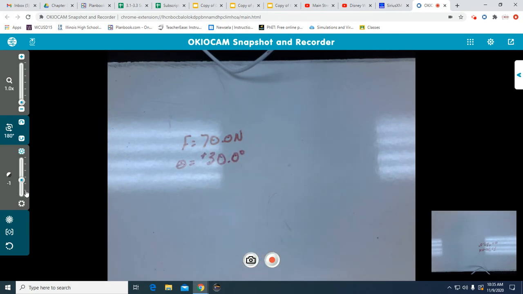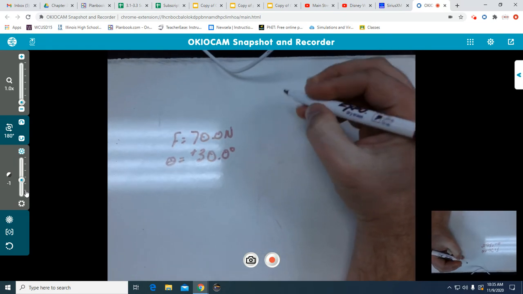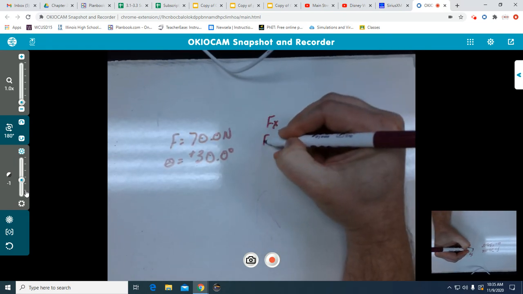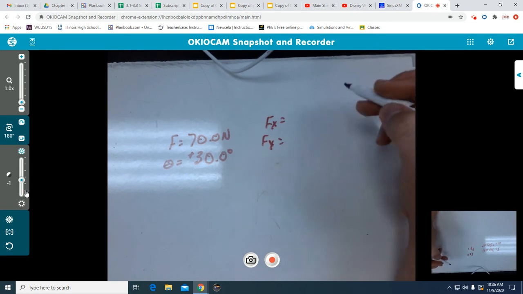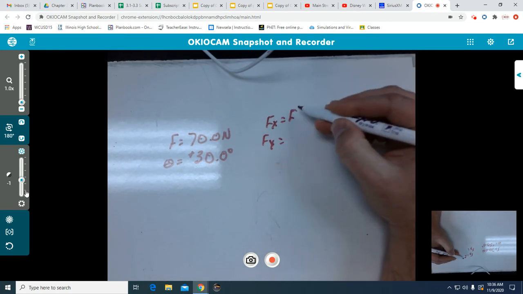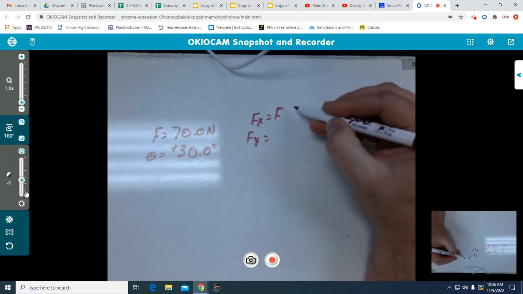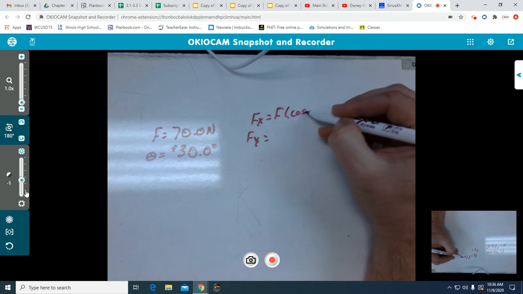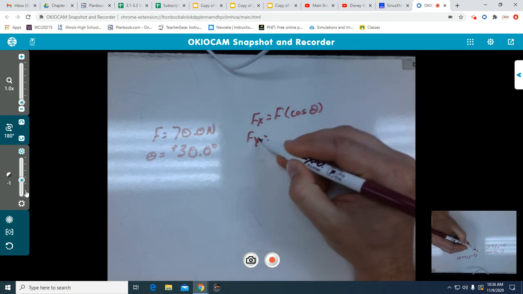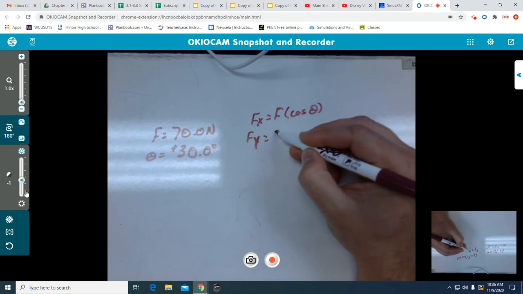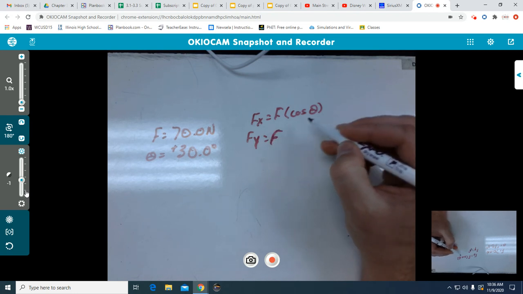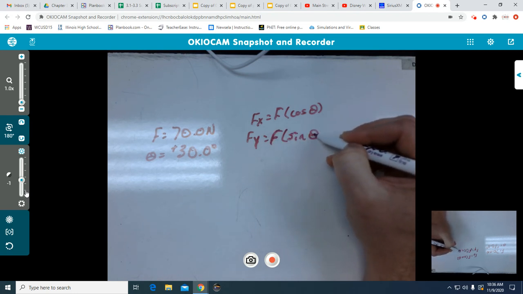So if we need to figure out our vectors, for F of x we take the force, 70 newtons, multiply it by cosine of theta, and for F of y we do the same thing, but this time it'll be sine. So we take the force applied times sine of theta.